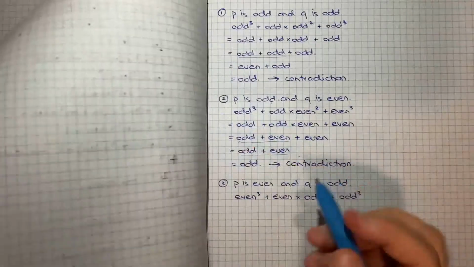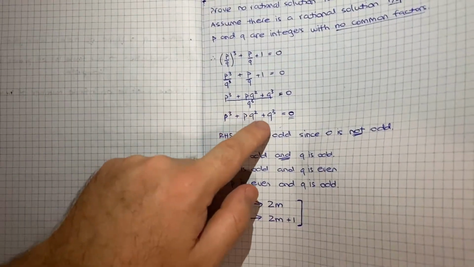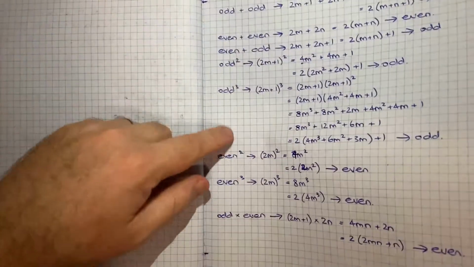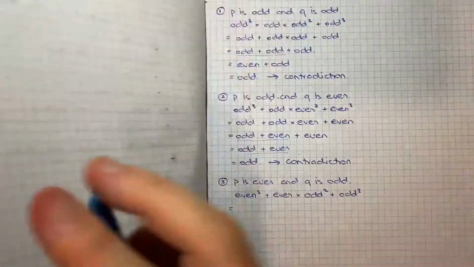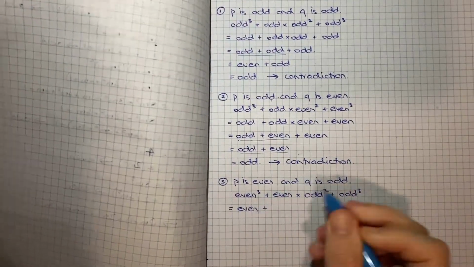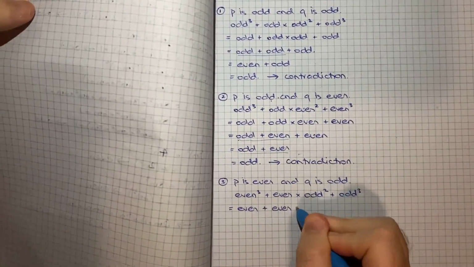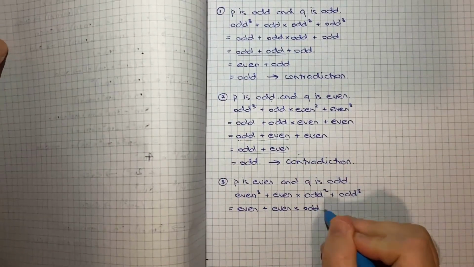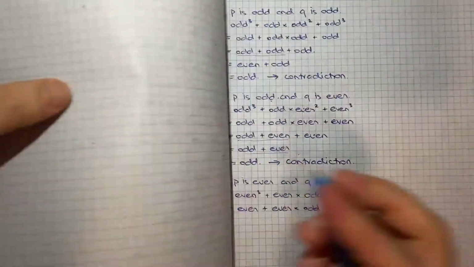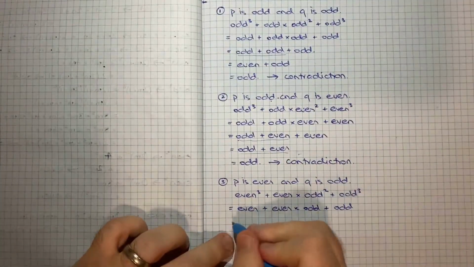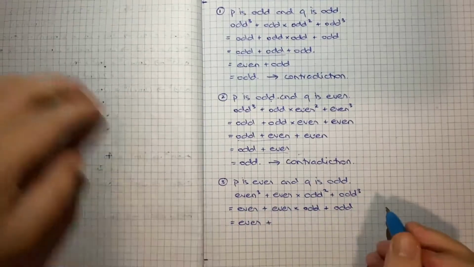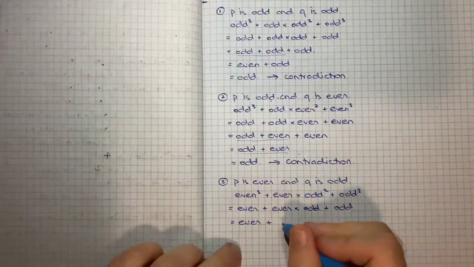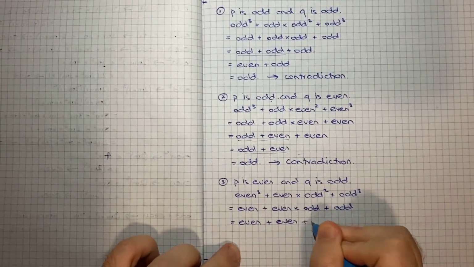So even cubed is even, plus even times odd squared is even, plus odd cubed is odd, which equals even plus even times odd, same as odd times even, so we'll get even plus odd.